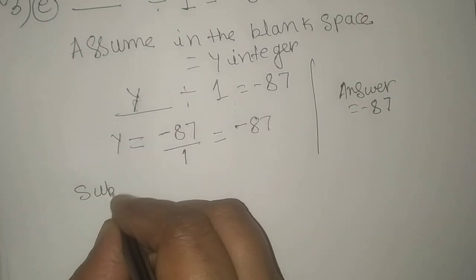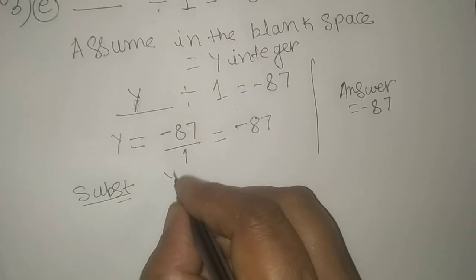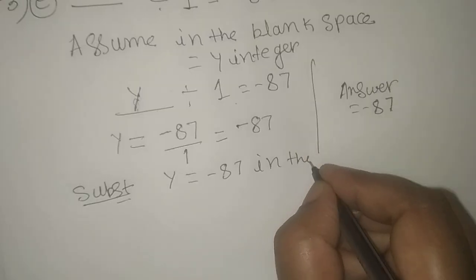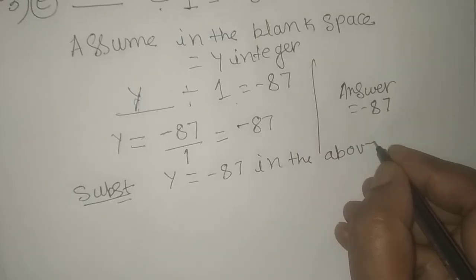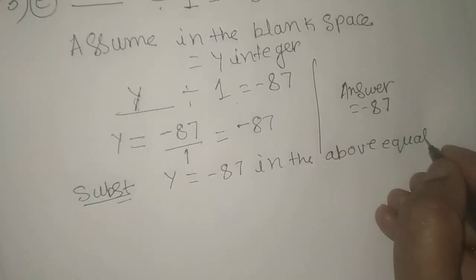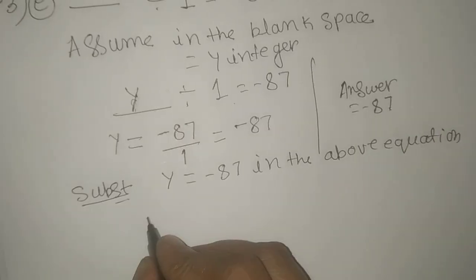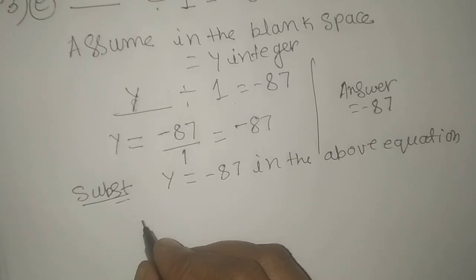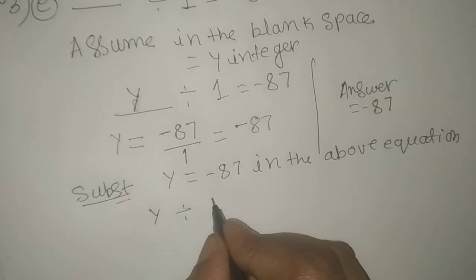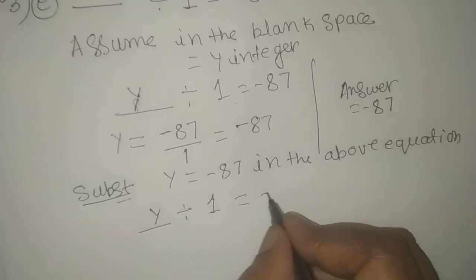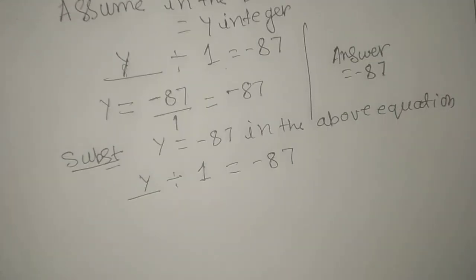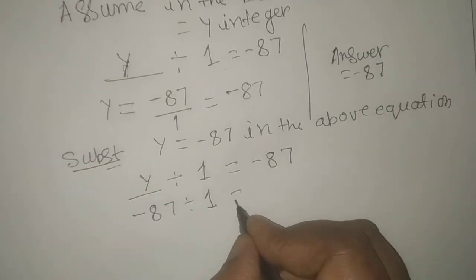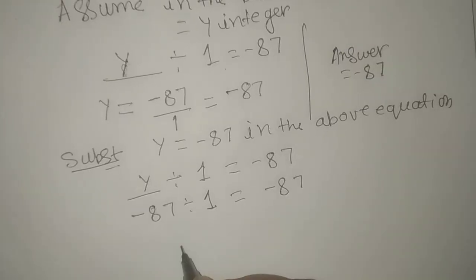Now substitute y is equal to minus 87 in the above equation. Therefore we take the equation in the form y divided by 1 is equal to minus 87. Therefore y is minus 87 divided by 1 is equal to minus 87.